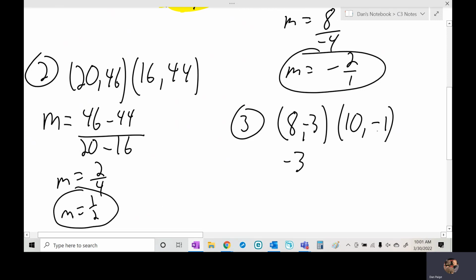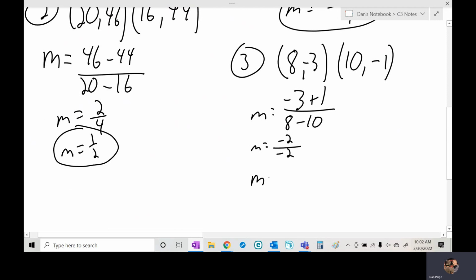Y minus negative 1. How should we write that? Plus 1 over the x minus the x. Negative 3 plus 1 is negative 2, and 8 minus 10 is also negative 2.